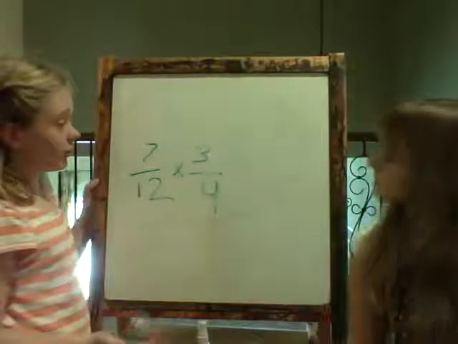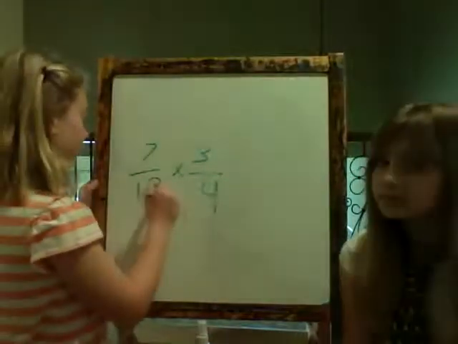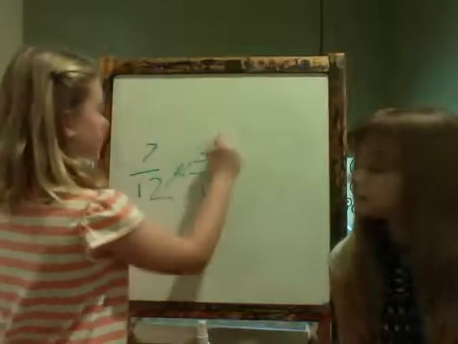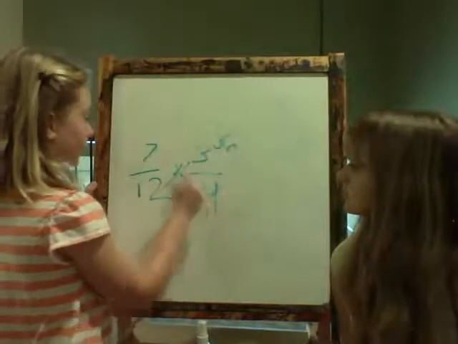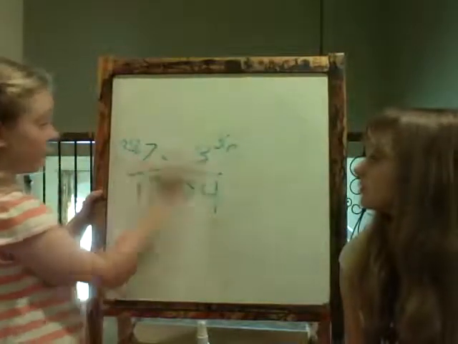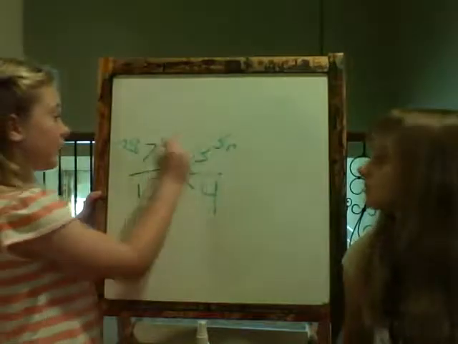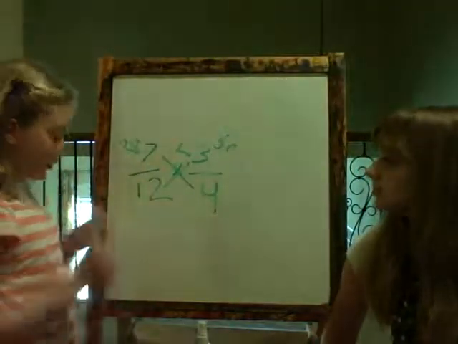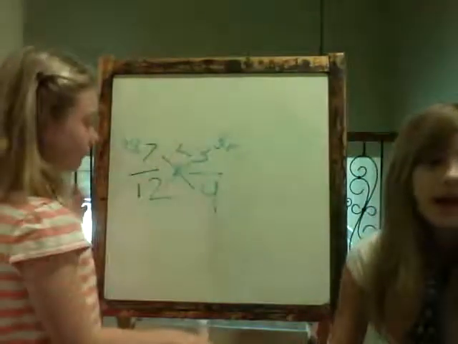So now what you do is you have to multiply crosswise, as I said. You have 12 times 3, because you're going this way. 12 times 3 is 36, and 4 times 7 is 28. So then you see which one is greater or less. This 3/4 is greater than 7/12.